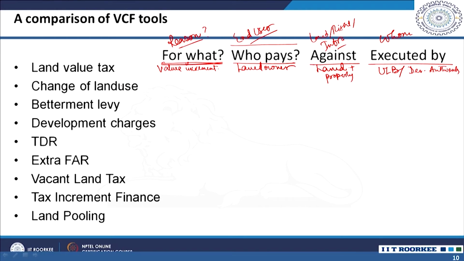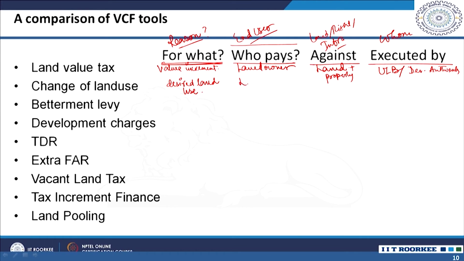The change of land use is basically where we are giving an additional amount of money for the desired land use. Who pays?